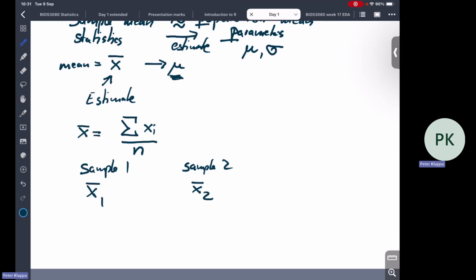But of course, there is a problem now. Because if I use a sample mean to predict my population mean, I say, well, the population mean is probably similar to this one here, to this x bar 1, to the sample mean 1.